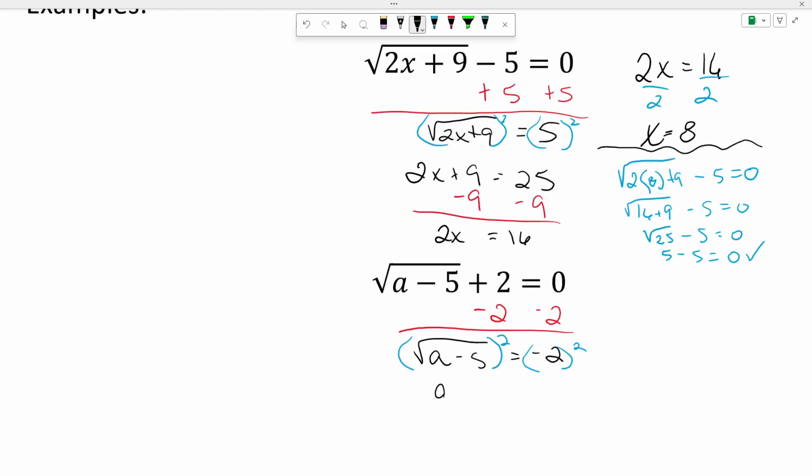So I now have a minus 5 is equal to 4. I'm going to add 5 to both sides. A is equal to 9.